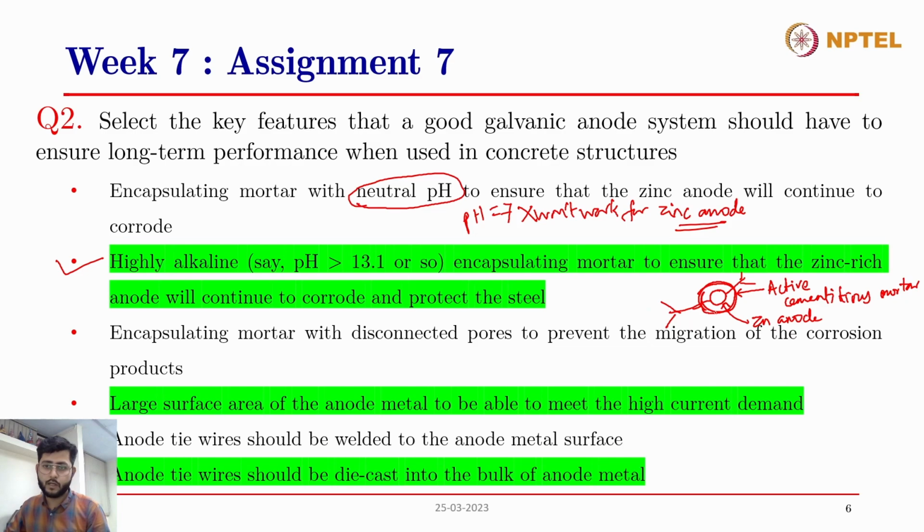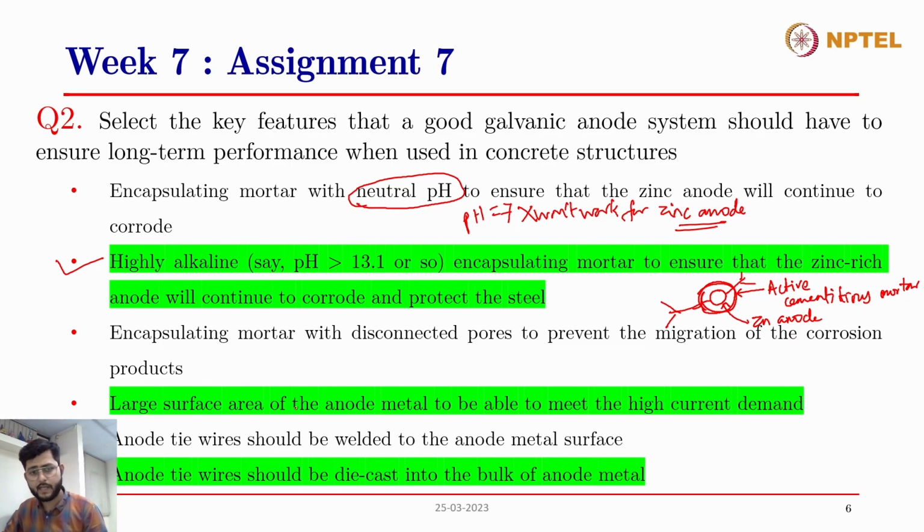Therefore, if the pores are connected and there is a sufficient amount of pores available, then these corrosion products can precipitate within the pores, and if they're connected, these corrosion products can travel outside and form over the surface of the anode cementitious mortar system without getting formed inside it. So that will prevent the cracking of this cementitious mortar and zinc anode system. So this is not the correct option.